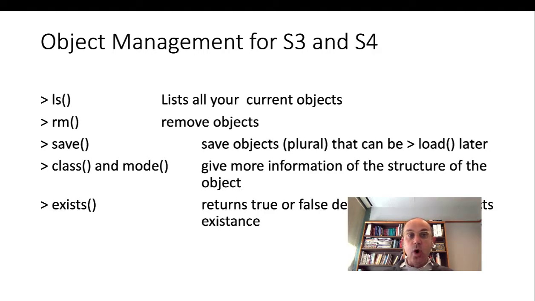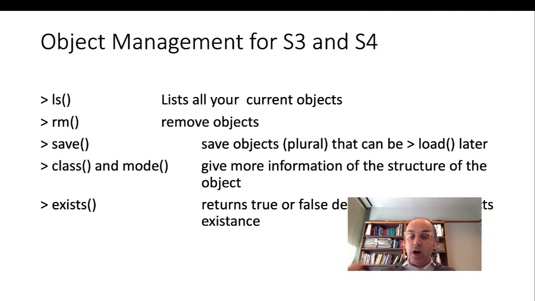So the object management for S3 and S4, this is across the board. It allowed us to do all of these things. ls is a function that lists all the current objects, and you will examine to see if the object that you created in your code is available. rm function is to remove the object if you don't want it, and save function is to save an object that can be loaded later, and class and mode give more information on the structure of the object that you are using.